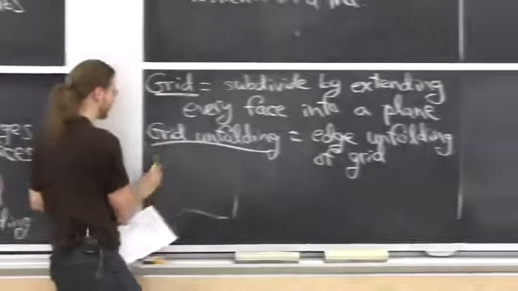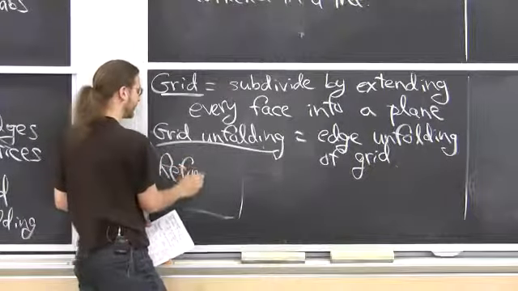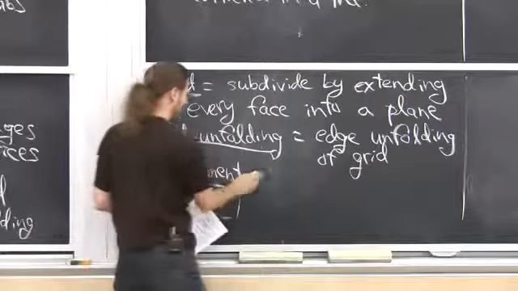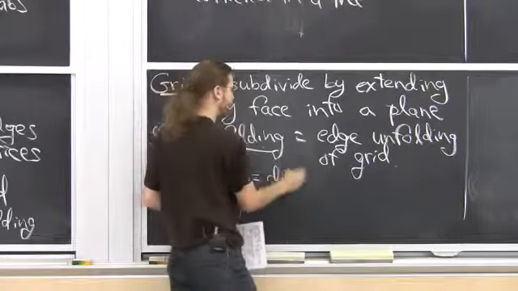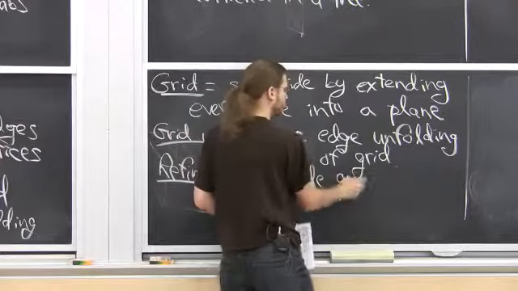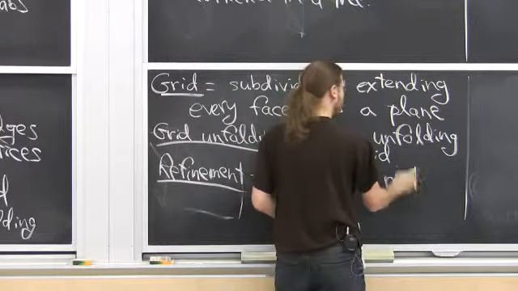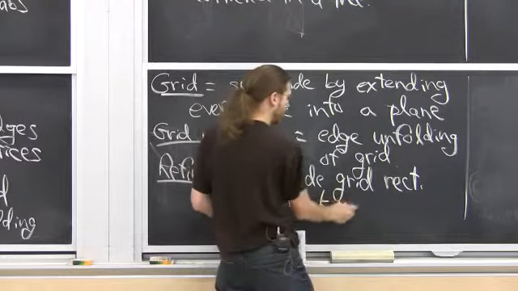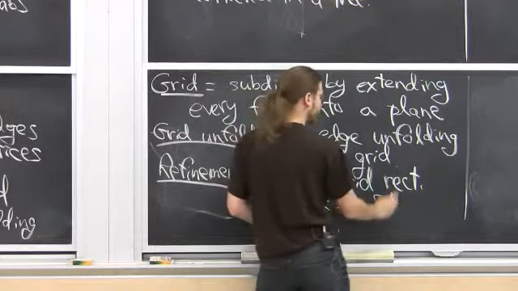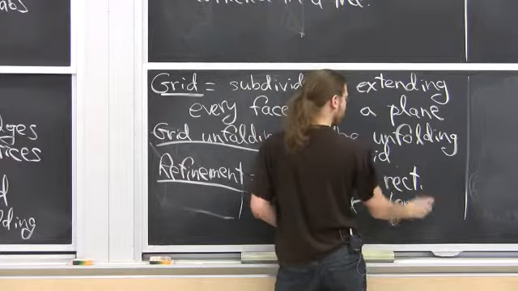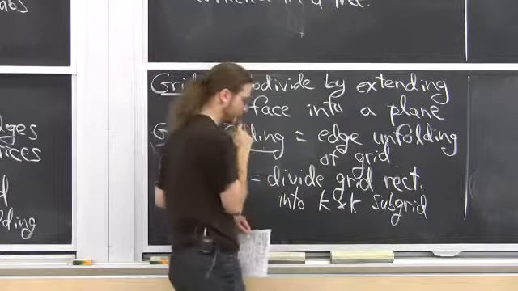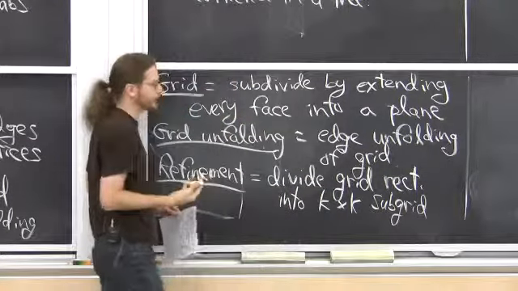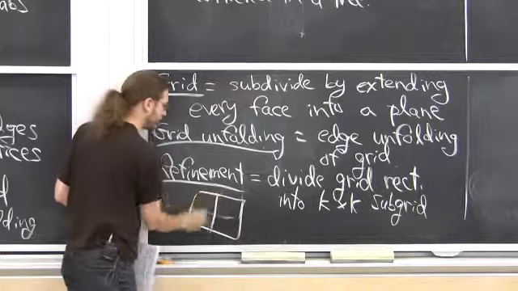The next best thing you could hope for is to refine. So you take each of the grid rectangles and divide it into k by k sort of subgrid. So ideally k is 1 and you're not subdividing at all, but maybe you take every rectangle, divide it in half.